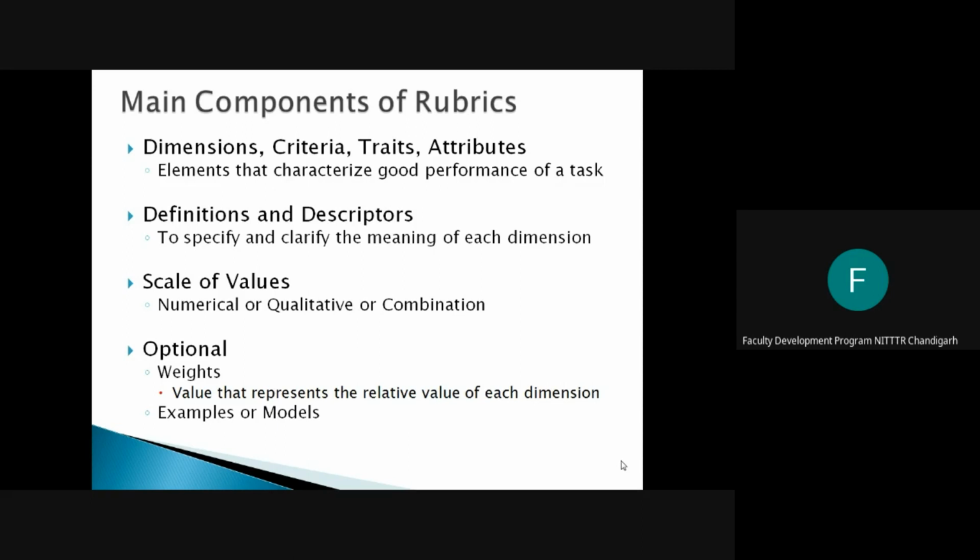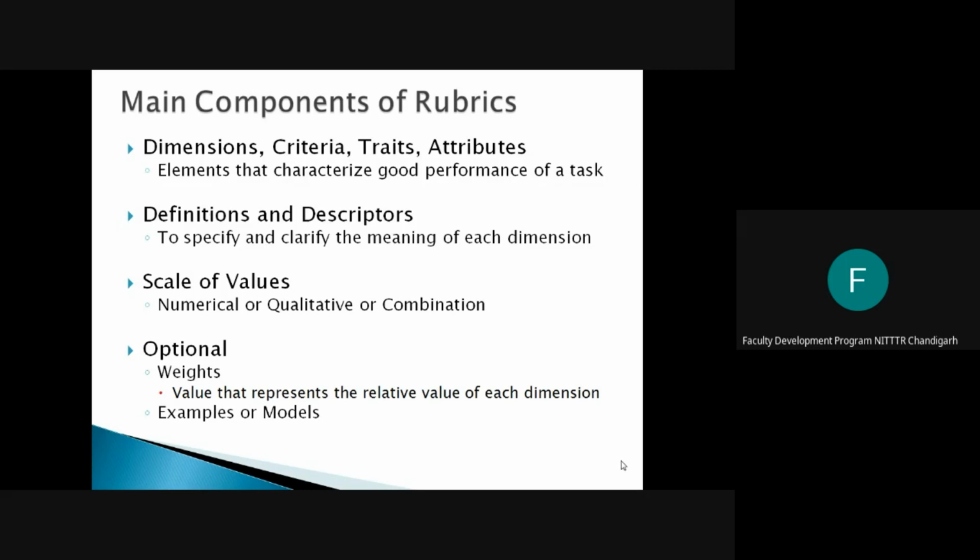I gave you the example of one subject, communication skill. We identified different dimensions or criteria: reading, writing, speaking, listening. Now here, I am trying to specify in detail. I am trying to clarify the meaning of each dimension.